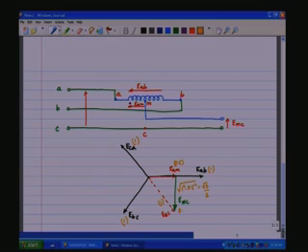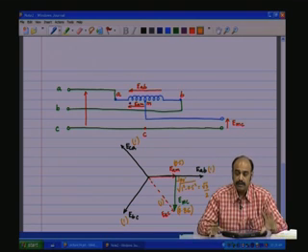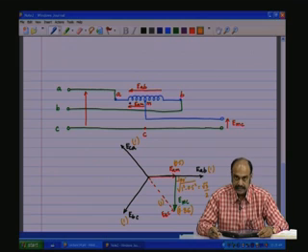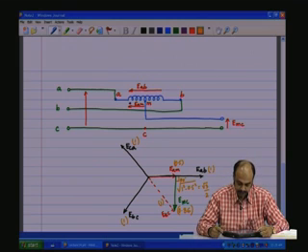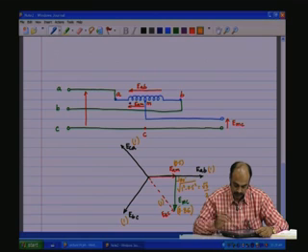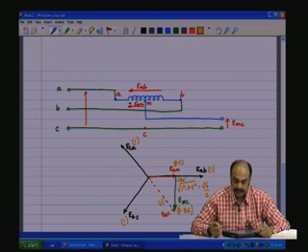So, this will be 0.86 units. Now, see that EMC and EAB are 90 degrees with respect to each other, which means they are orthogonal with respect to each other. So, EMC and EAB together can form a two-phase system if their amplitudes are equal. Now, EAB is having an amplitude of 1, EMC is having an amplitude of 0.86.